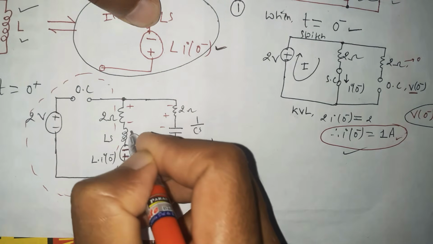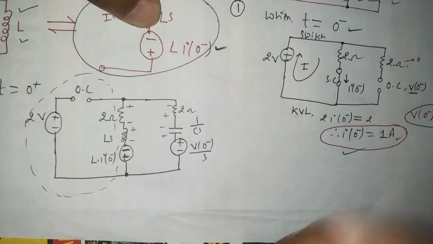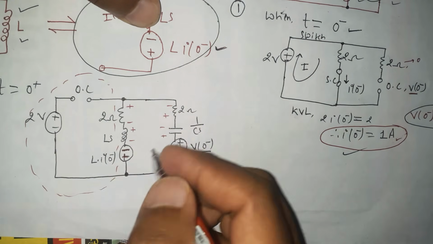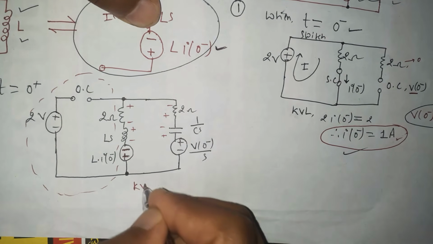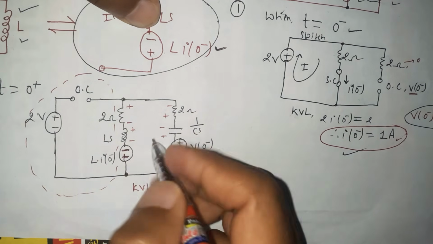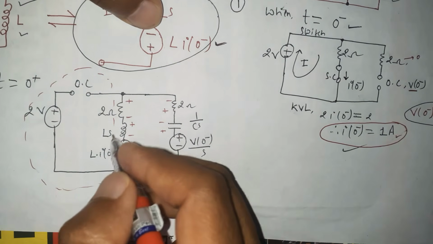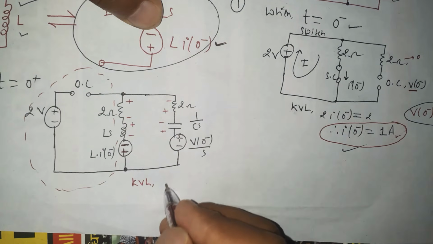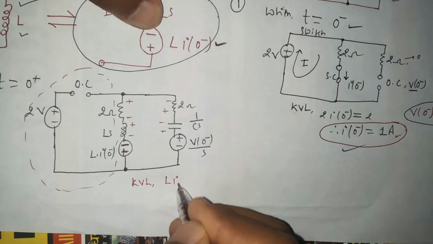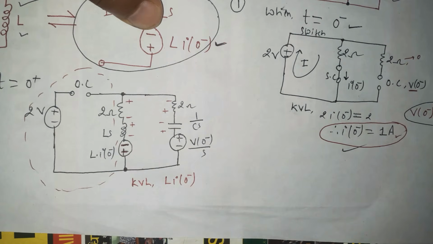Let's apply the KVL in this closed loop. The L times I 0 minus, this is L times I 0 minus.